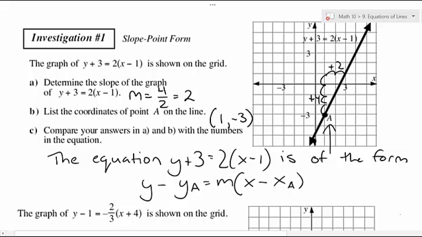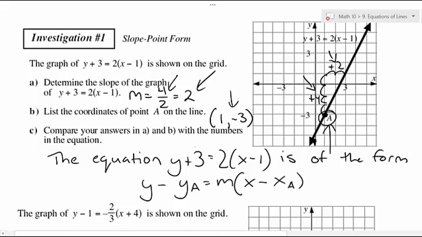We're back, and I hope that you were able to find that the slope is 2. That's just going up 4 and over 2, so the slope is 4 over 2, which equals 2. The coordinates of point A right here are (1, -3).